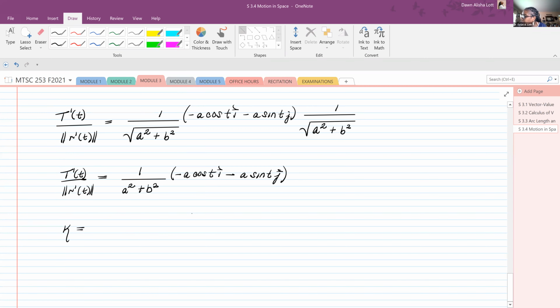Well, the length of that is the square root of a squared cosine squared t plus a squared sine squared t, over a squared plus b squared. So this just turns out to be a over a squared plus b squared.